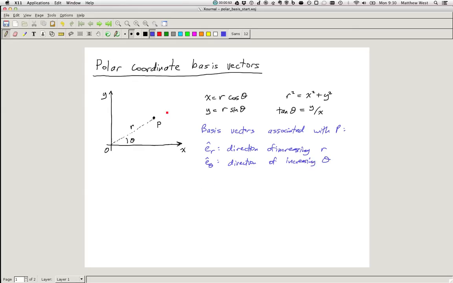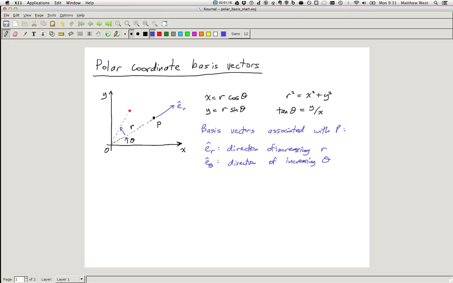So if we think about what those look like on the diagram, if we come here to point P and we think what happens if r increases and theta is held constant, then you see that point P is going to move straight away from the origin, so it's going to move out in this direction, and so that direction is the e_r hat direction. And we think about what happens if theta increases. Remember, theta is defined this way, so if theta increases, it gets bigger.